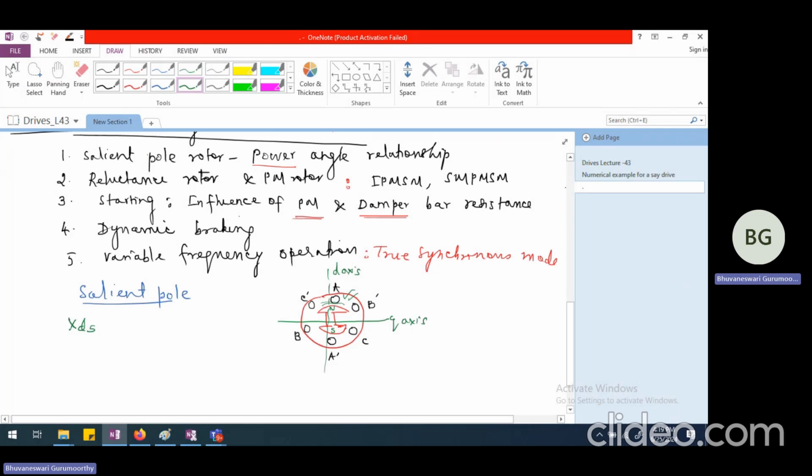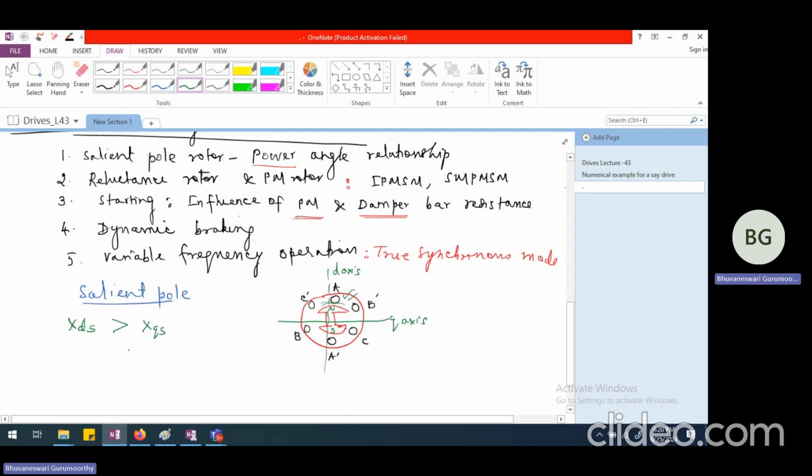Whereas when the same winding occupies the space along the Q axis, the inductance it is manifesting, if I call this XQS, that is synchronous reactance along the quadrature axis, is going to be smaller as compared to the direct axis reactance.